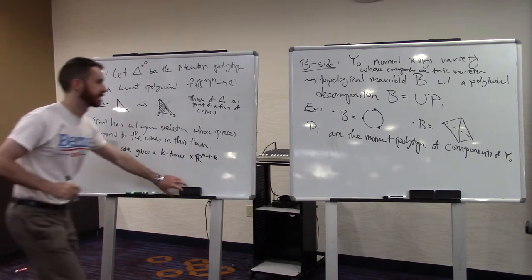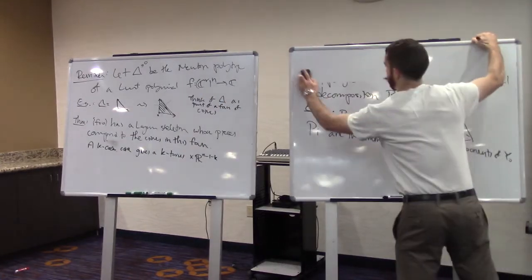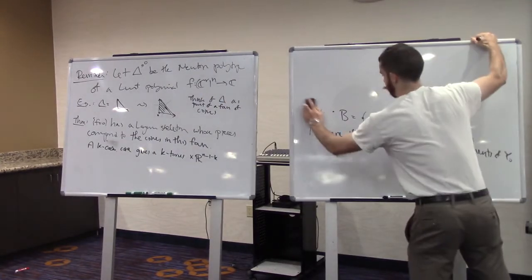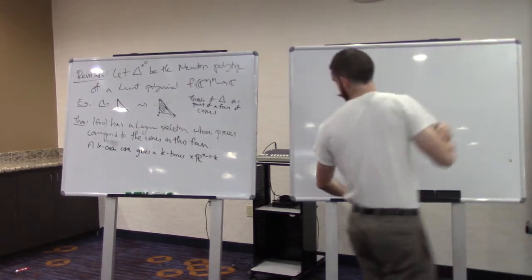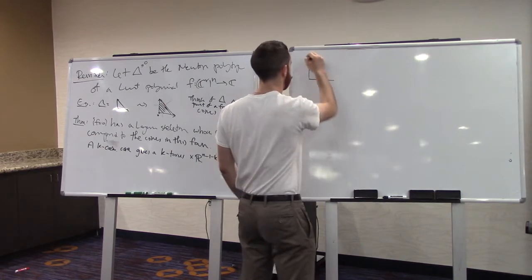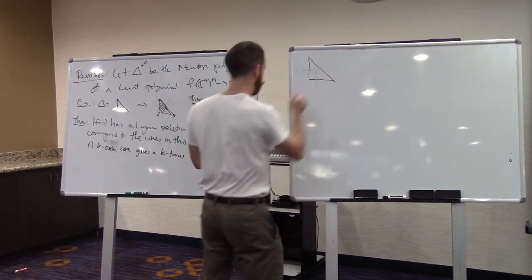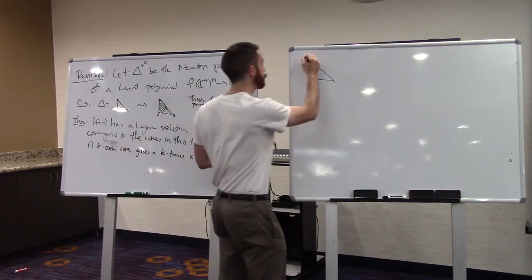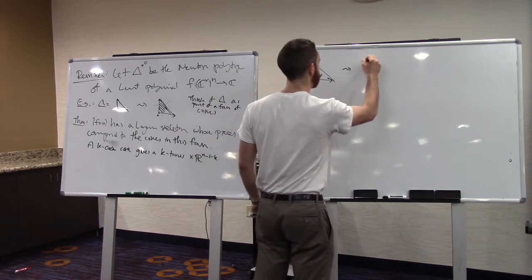Let me say what this is in this example. I've got my 3 cones here. This one gives me a circle.